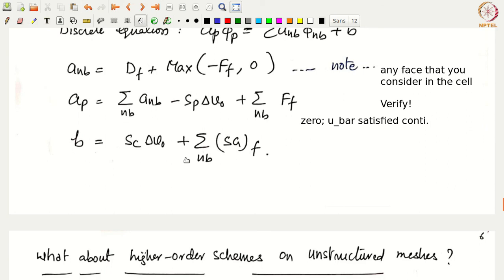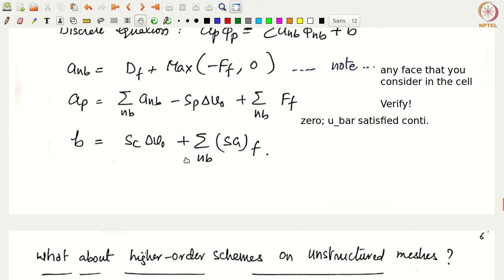So far so good. Now we have looked not only at implementation issues on higher order schemes, but also at how we go about discretizing convection diffusion on unstructured non-orthogonal meshes for both the basic convection schemes, that is your central difference scheme and upwind difference scheme.